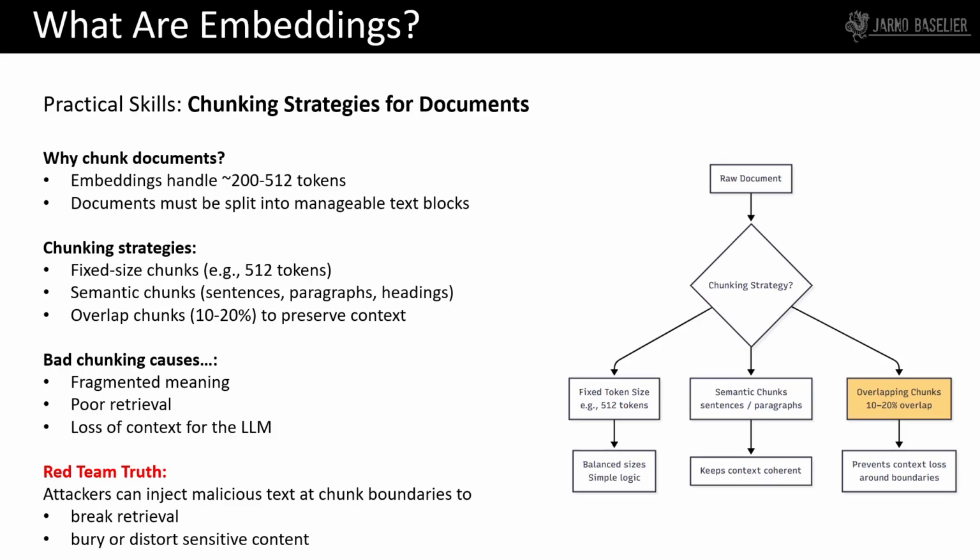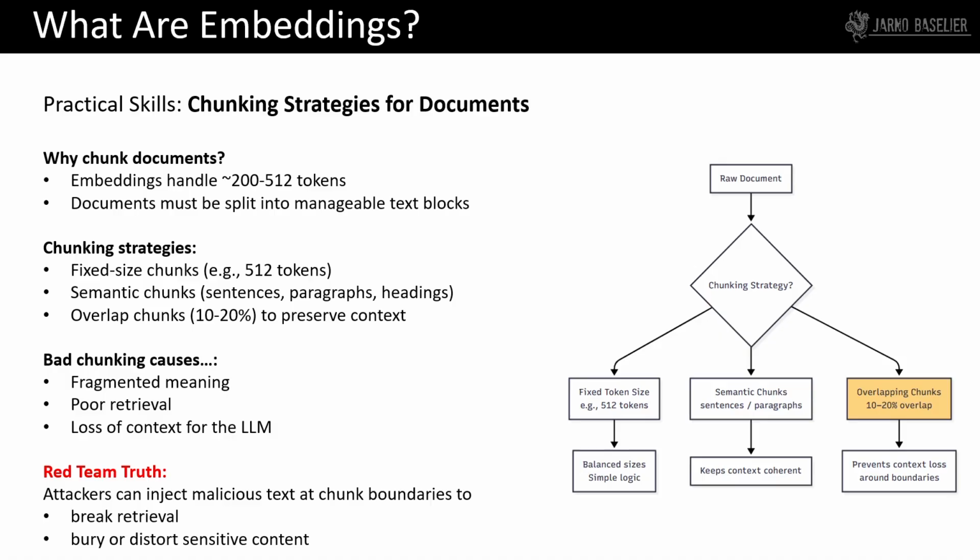And we can use overlap chunks like 10 to 20% to preserve context. So we need overlap chunks to preserve some kind of context. Let's say if we have semantic chunks where we use sentences as chunks, then we want to overlap one sentence to each other to still know the meaning that they have to each other.